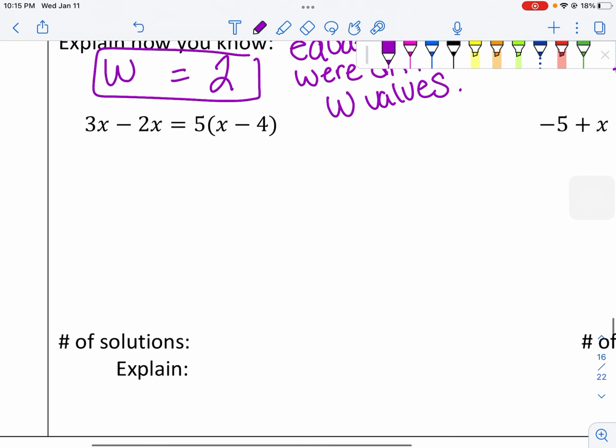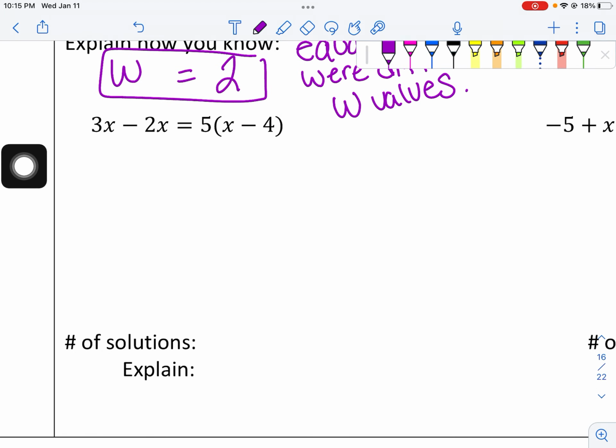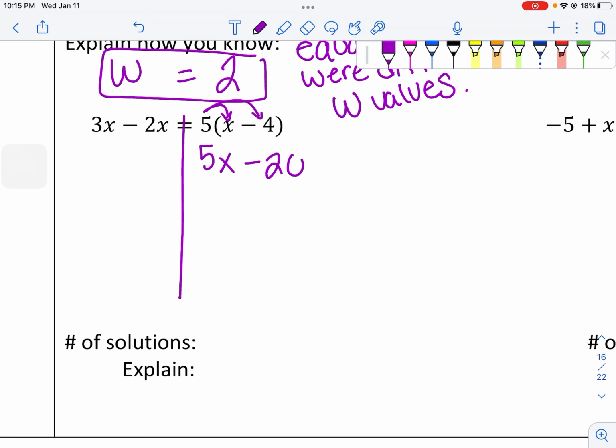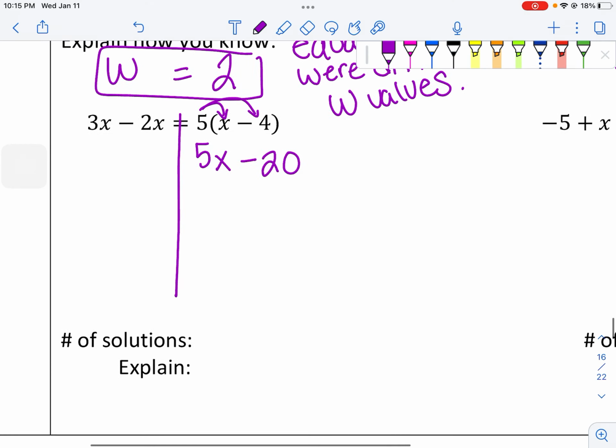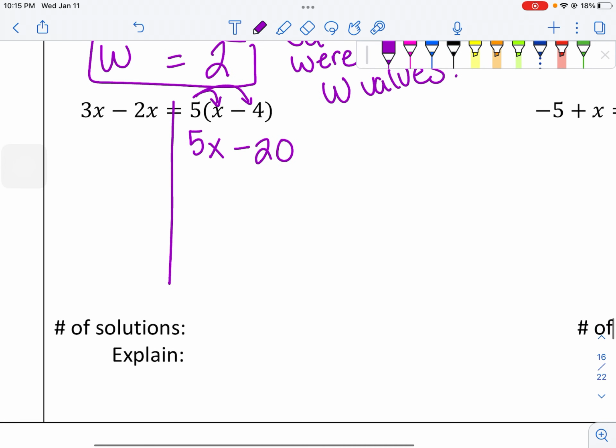Okay, it's a little hard to tell because of the distributive property, so we'll start by distributing. We have some like terms too. So I'm going to distribute this 5 times x, and 5 times -4 is -20. And then on the left side, I notice I have two x terms.